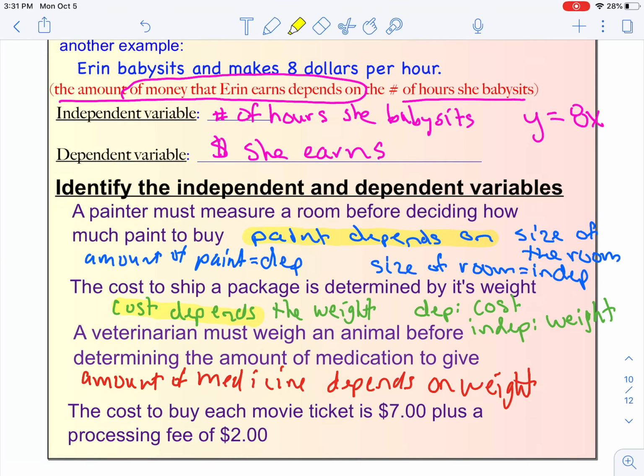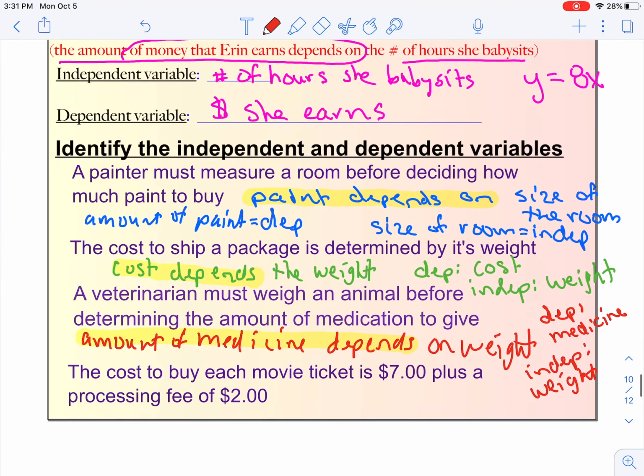So again, when you write it out, then highlight or circle the amount of medicine depends on. That's the one you know is your dependent variable. So your dependent is the amount of medicine, and your independent is the animal's weight.